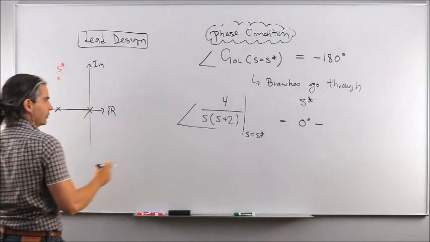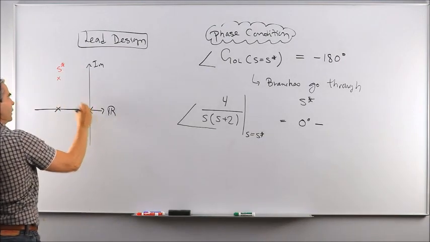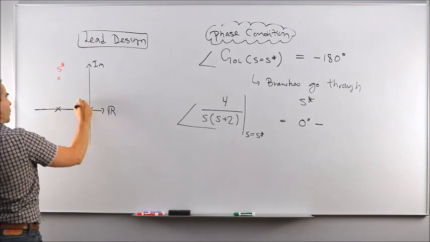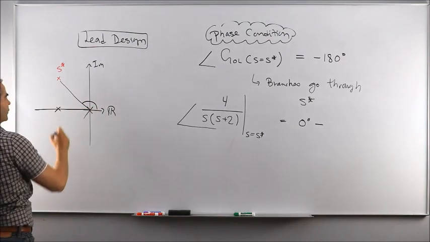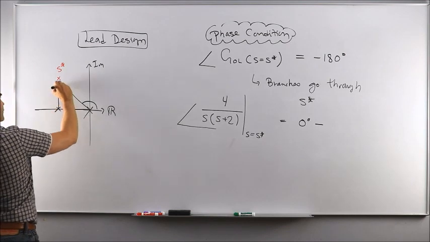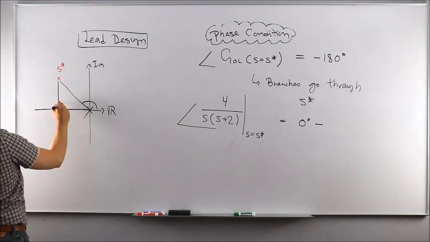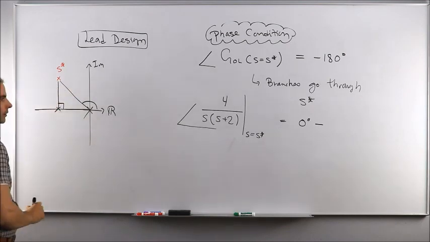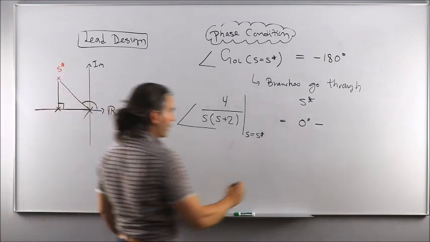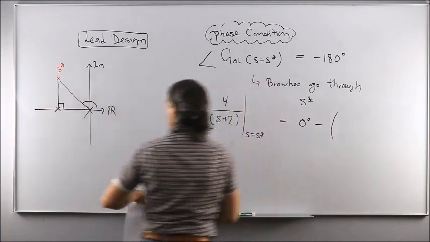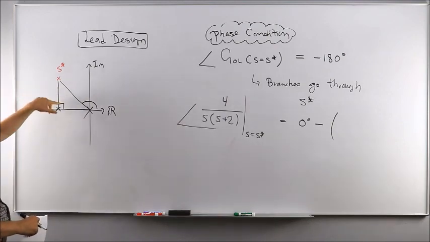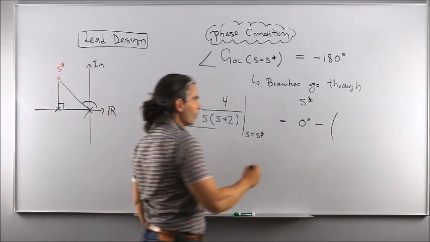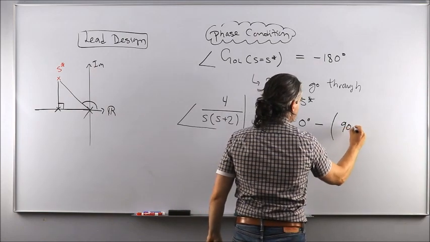And then you figure out the phase of this pole onto S star, i.e. this angle, plus the phase of this other pole onto S star, i.e. this angle. So the phase of the pole directly underneath the desired pole location is obviously pi over 2, or 90 degrees.